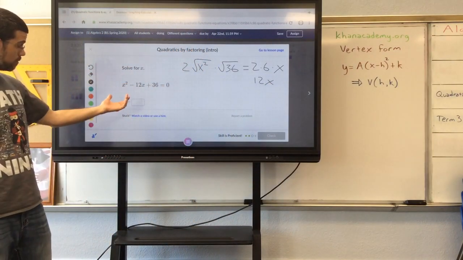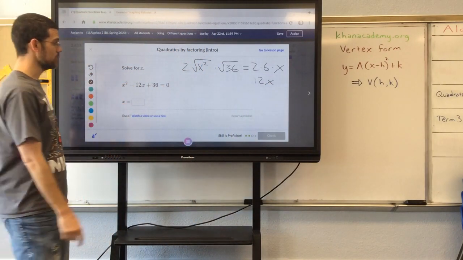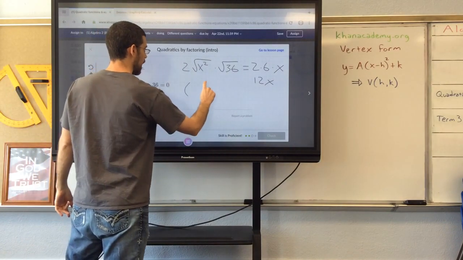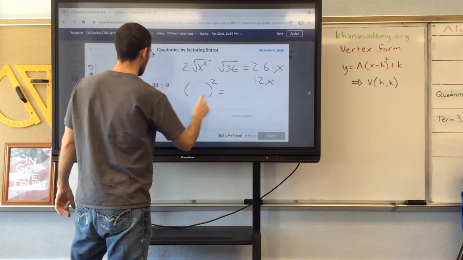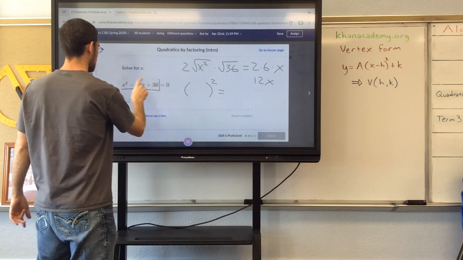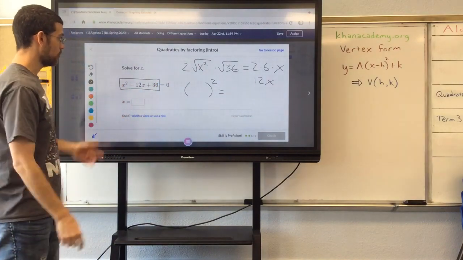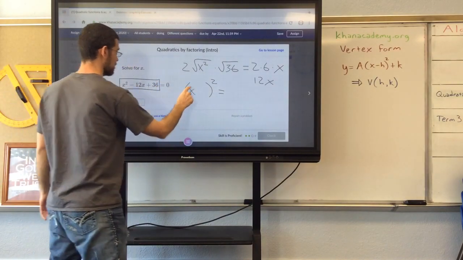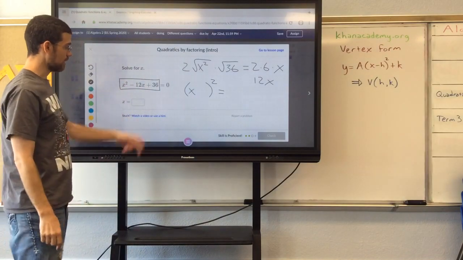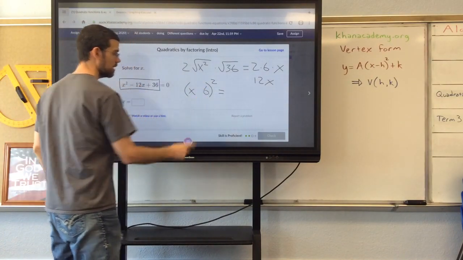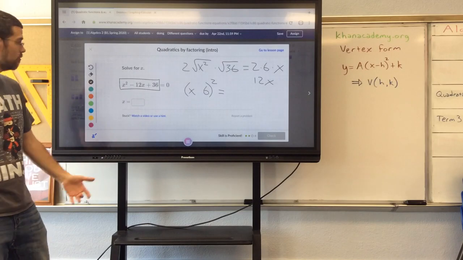Being a perfect square trinomial means that we have a factor that we square, and it gives us this expression right here. The first term would have to be x. x times x is x squared. The second term would have to be 6, but then is it positive or negative?